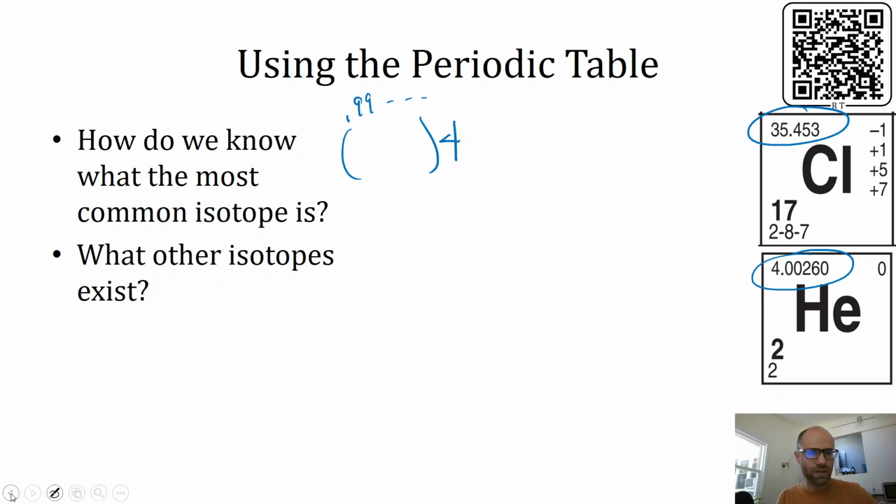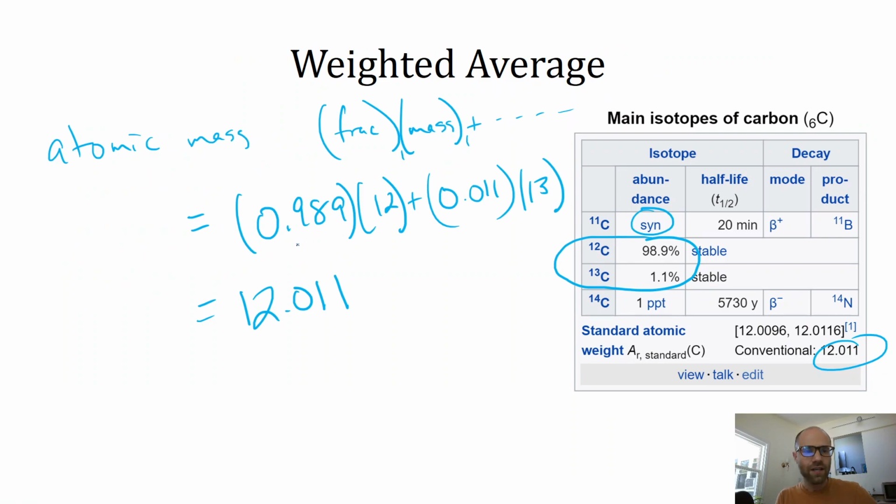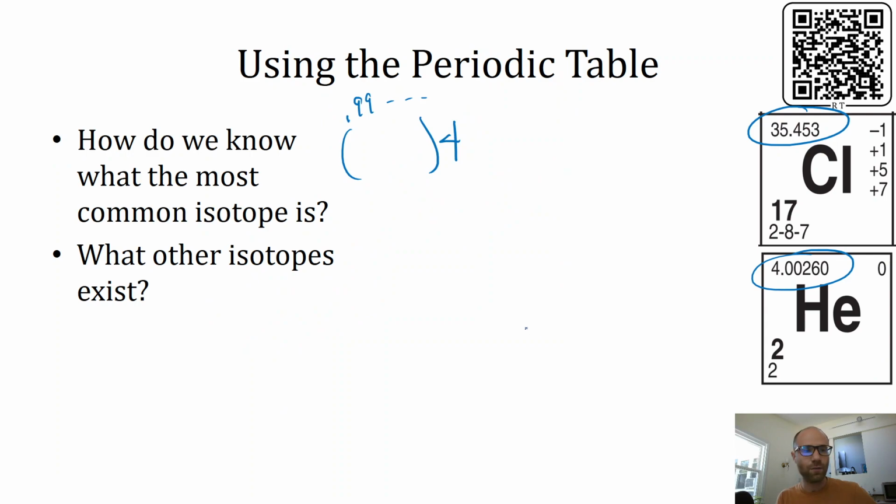What you can see in the math here is that when the percentage is high, this number is very close to 1, and these other numbers are very far away from 1. They're almost 0. And that's why you end up seeing that the weighted average of 12.011 is closest to 12, which is the most common isotope. So you can say the same thing here.